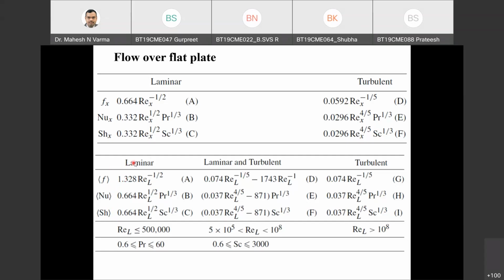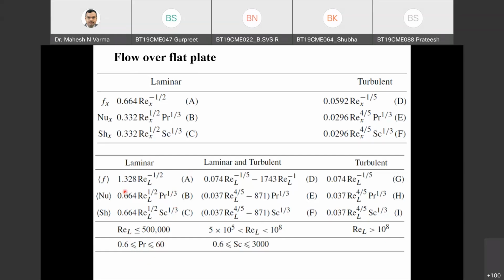But what is the limitation? This is true for flow over a flat plate, and this is one of the equations which will give me the average value of friction factor, heat transfer coefficient, and Sherwood number for laminar flow, for transient flow, and for turbulent flow with all the limitations of Chilton-Colburn analogy.